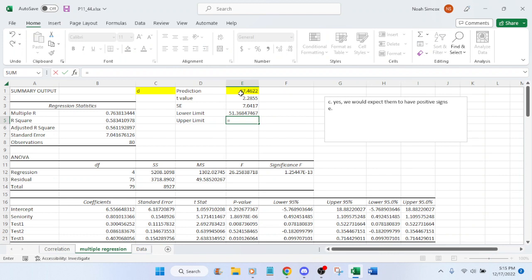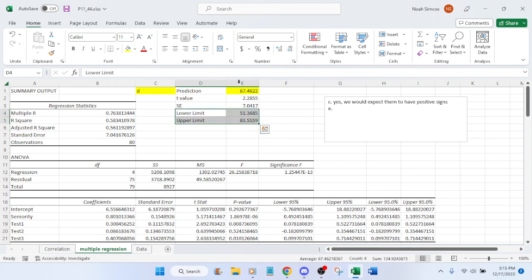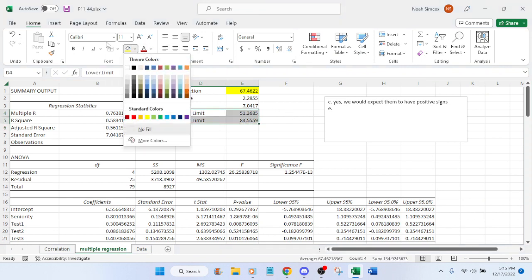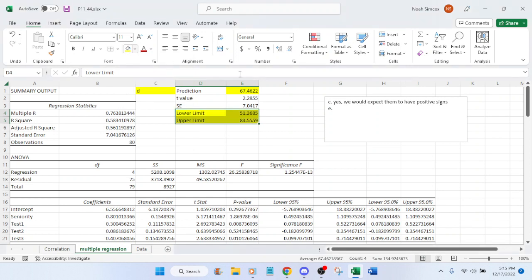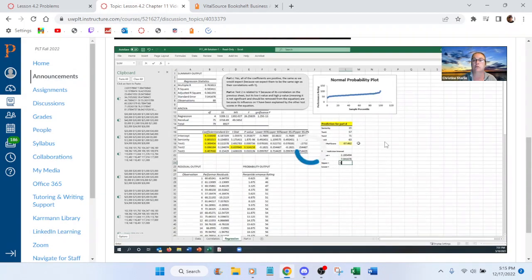This equals this plus this times this and that. $51.36 and 83.55.